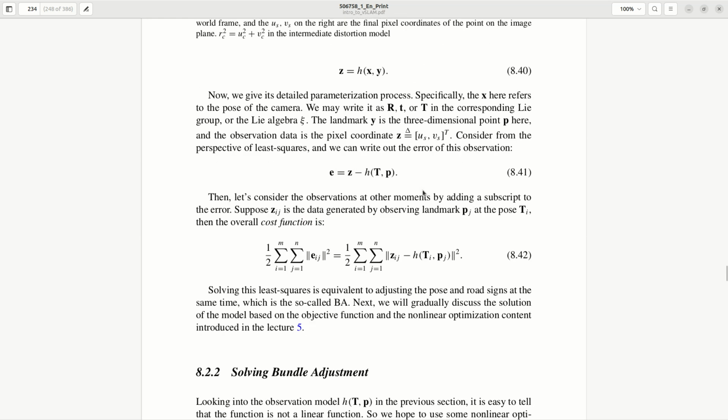Right. So basically, what bundle adjustment is trying to do is improve our estimate of the camera poses, right? That way we can get much more accurate odometry information. So bundle adjustment achieves this by solving a nonlinear optimization problem.